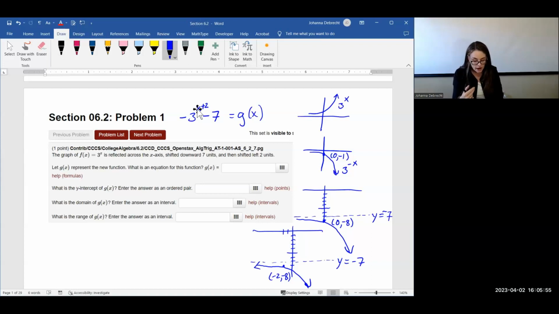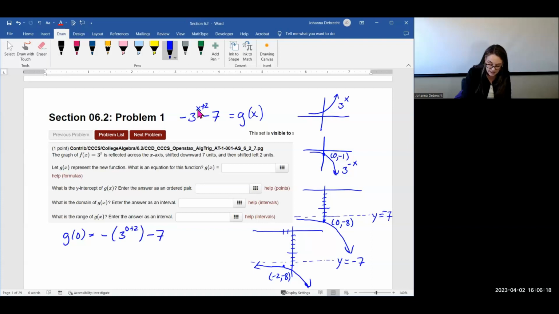What is the new y-intercept of g of x? Well, to find the new y-intercept, take this equation that you see up here, and we need to replace x with 0. So I'm trying to find what is g of 0, which is going to be a negative times 3 to the 0 plus 2 power minus 7, which is equal to negative times 3 squared, which becomes 9.